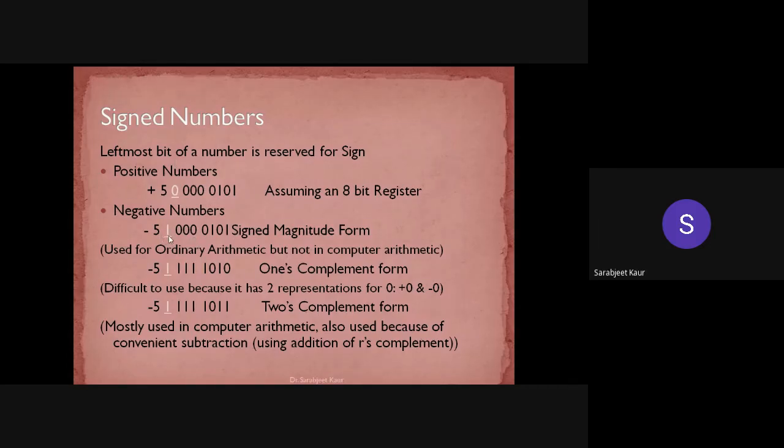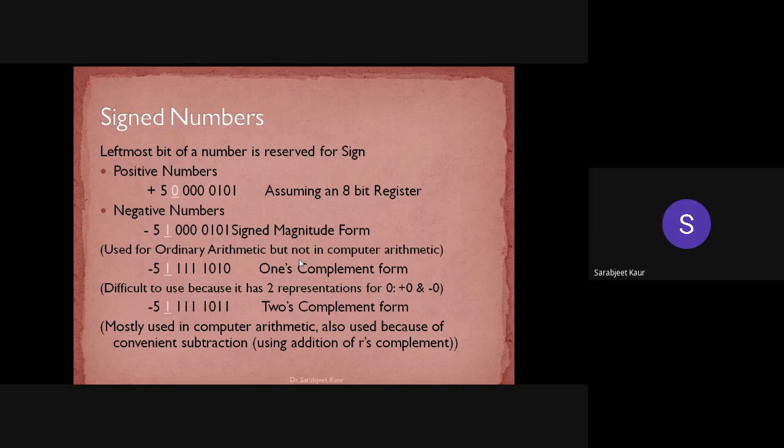So we represent the sign and the actual magnitude of the number, where actual magnitude means the actual binary equivalent of this particular number. Now this signed magnitude form seems very simple to us, and therefore when we do binary arithmetic using pen and paper, we can definitely follow this, but it is not very preferred for computer arithmetic.